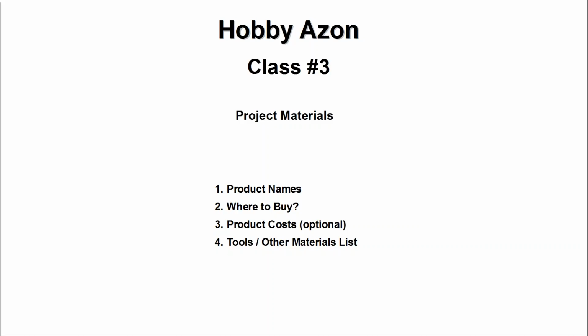If I recommend for someone to go to Lowe's and buy a product, it might not cost them the same thing that it costs me because prices can vary depending on where you are throughout the country, just like it can vary on the amount that you pay for a gallon of gasoline. It can also vary from one state to the next on buying different products in local retail stores, for example. You have different sales tax levels. So you have all these different things that can affect the cost, and ultimately the vast majority of people probably can't do it for the exact same cost that you could.